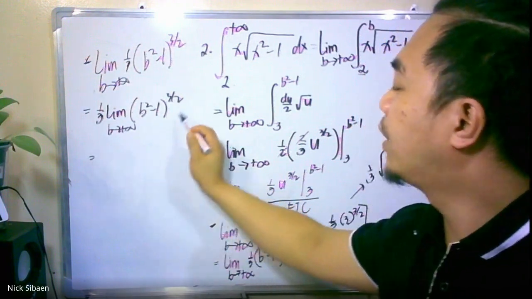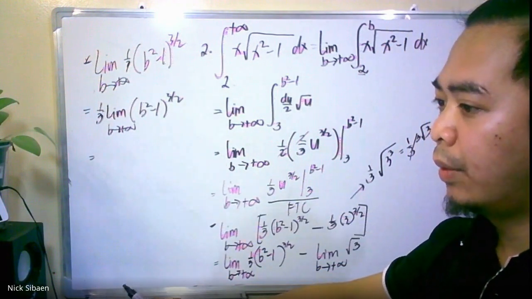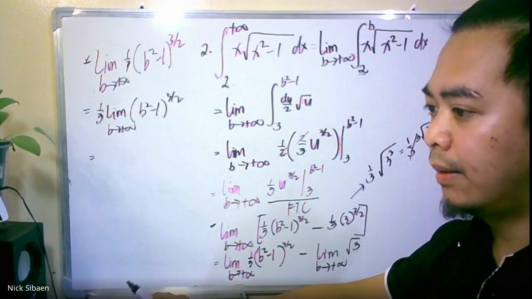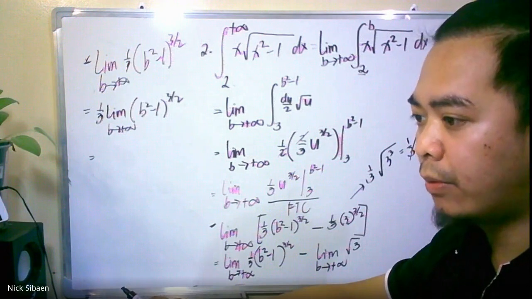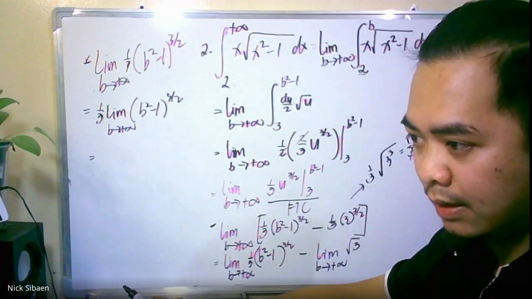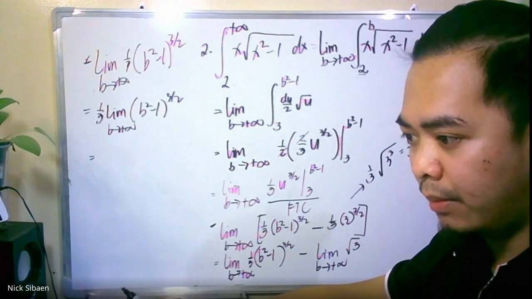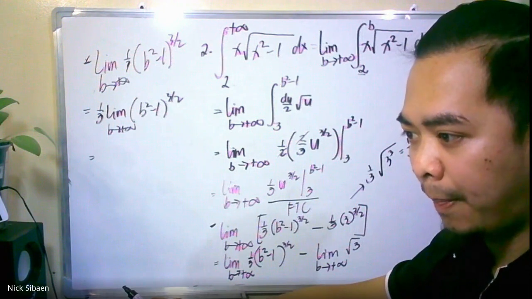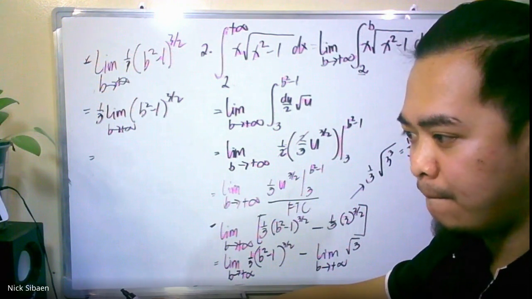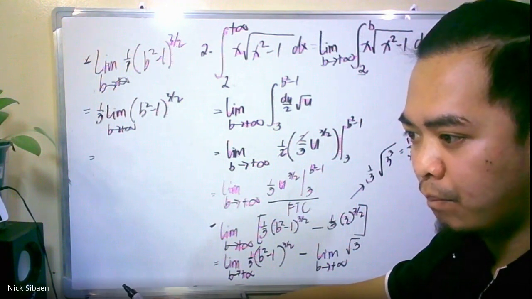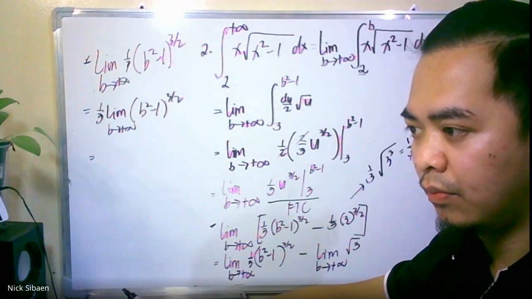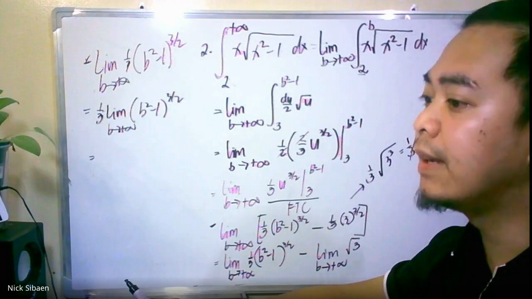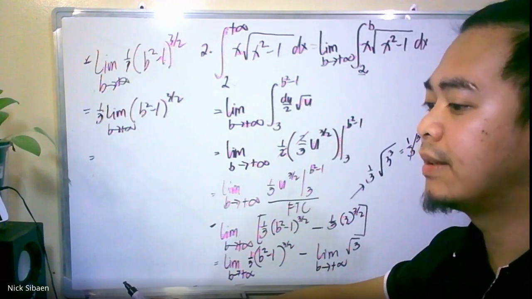And then, meron tayong property. What property is that? About the power. If you have a power, limit of a power is, anong property ba yun? Yeah, number 6. Property number 6.